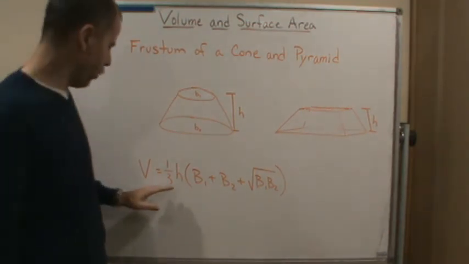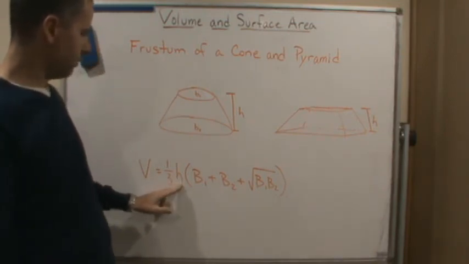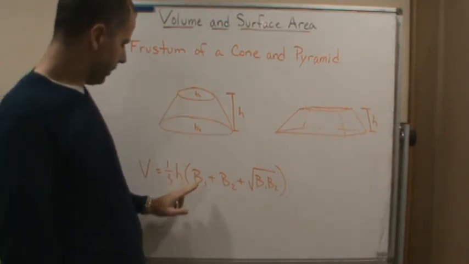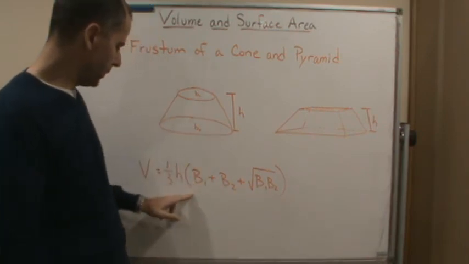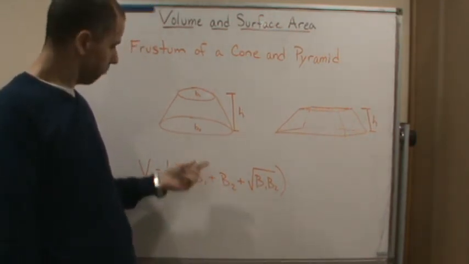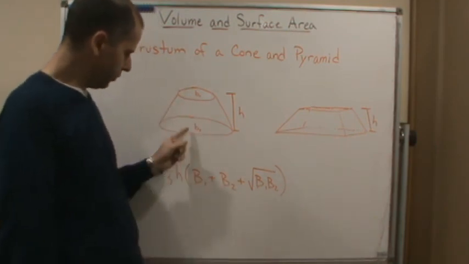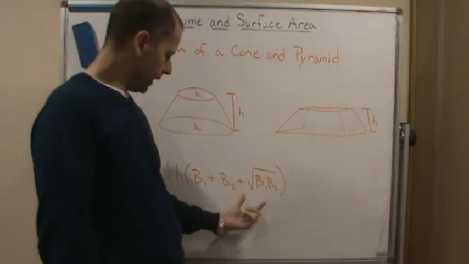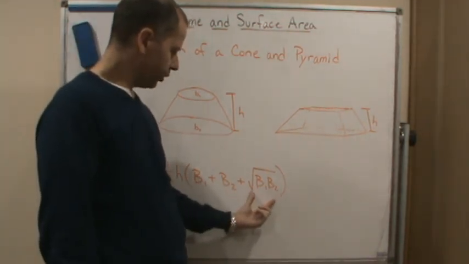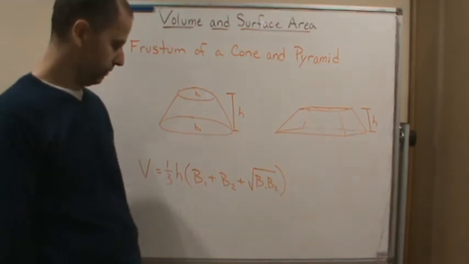And so what's the formula? It says 1/3 times the height, times the quantity. What's this quantity? You take the area of base 1, plus the area of base 2, plus the square root of the product of the areas of the bases.